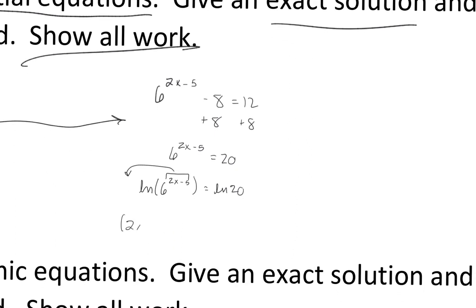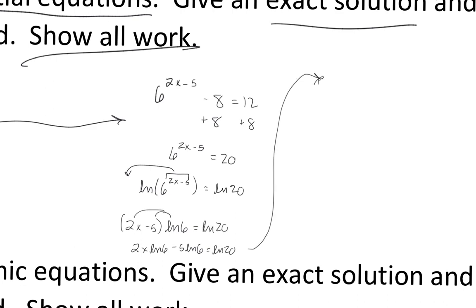So I have 2x minus 5, natural log 6 equals natural log 20. Then I'm going to go ahead and distribute that natural log of 6 out, just because it's being multiplied. So I have 2x natural log 6 minus 5 natural log 6, is equal to natural log 20.